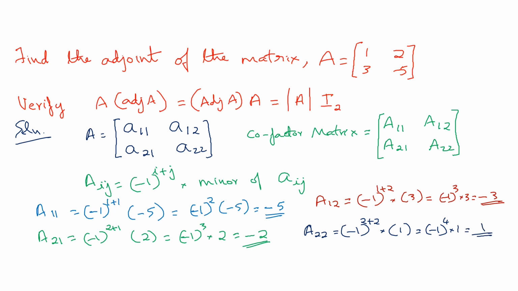Therefore, the cofactor matrix is [minus 5, minus 3; minus 2, 1]. Okay, this is the cofactor matrix. But what we want is the adjoint of a matrix, right?